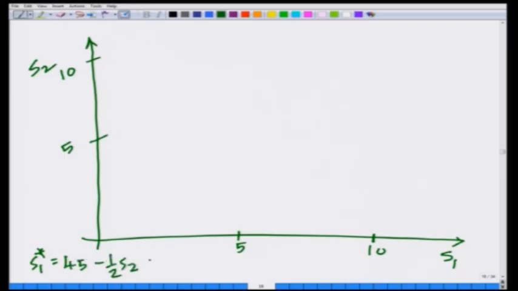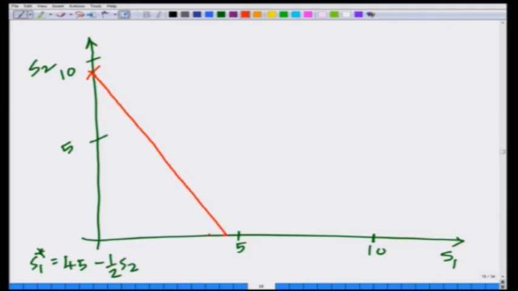So, if S2 equals 9, then S1 star is equal to 0. On the other hand, if S2 is equal to 0, then S1 star is equal to 4.5, which is probably somewhere over here, and let me join these using a line.